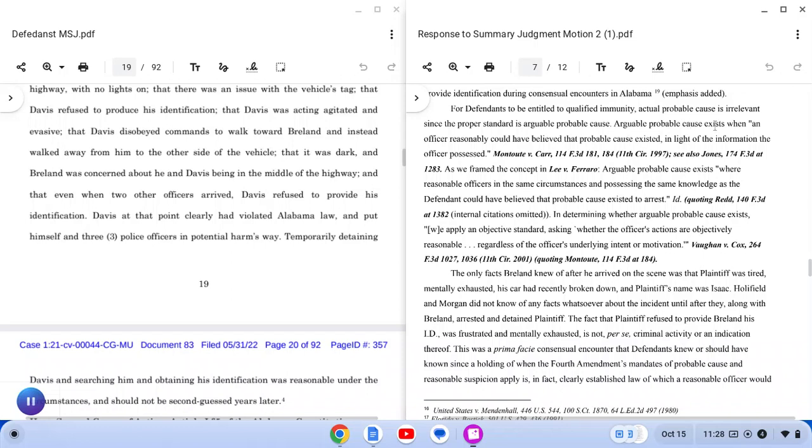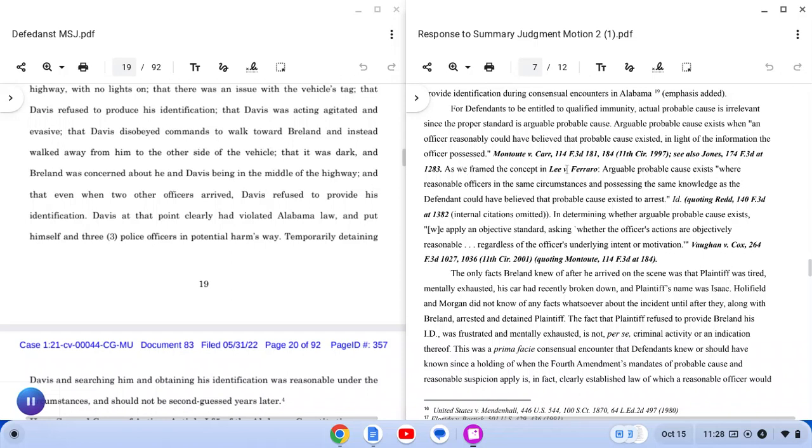Arguable probable cause exists when an officer reasonably could have believed that probable cause existed in light of the information the officer possessed.